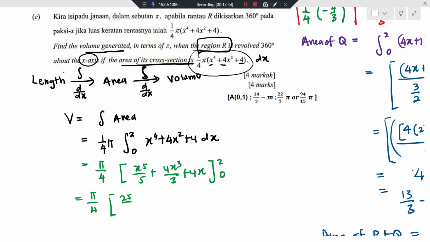So 2 power 5 over 5, plus 4 times 2 power 3 over 3, plus 4 times 2. Minus, here I put 0, and it will result in 0.